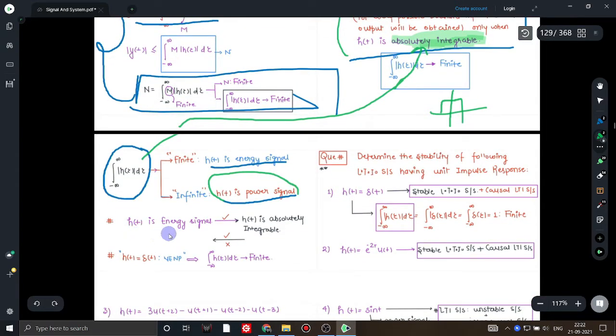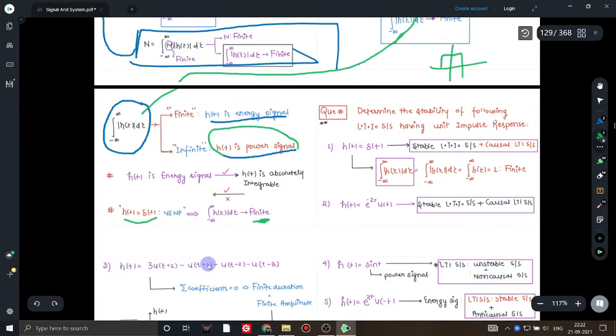So s(t) is an energy signal. This means that its duration is finite, so it means that s(t) is absolutely integrable, but vice versa, it may or may not be true. For example, the impulse function. It is not an energy function, nor a power function, but its area is finite, so it is an absolutely integrable function.